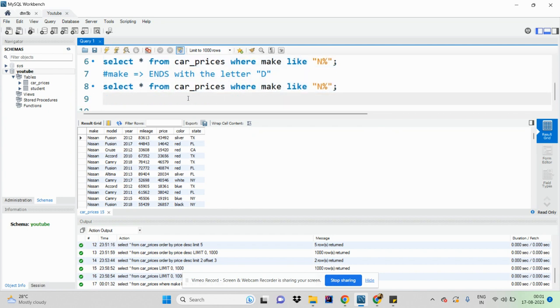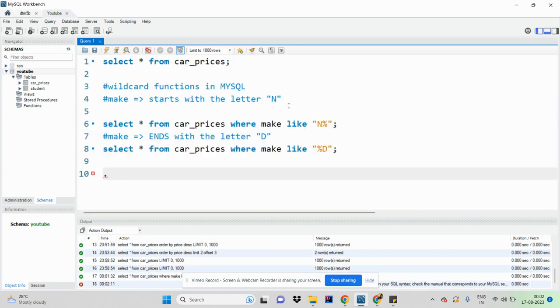Select star from car prices where make like, in front it can be anything, but at last it has to end with D. If I'm asking for a starting letter, you can go for N percentage. That means the first letter has to be N. After N, it can be any number of characters.